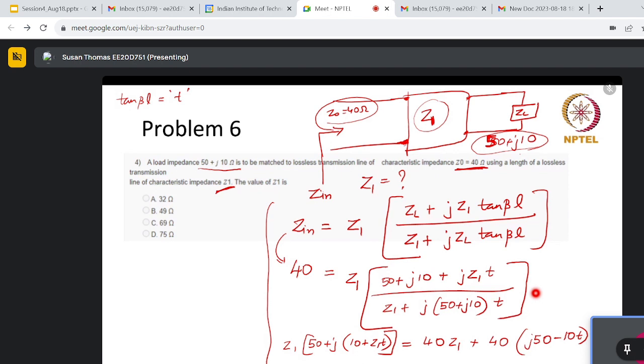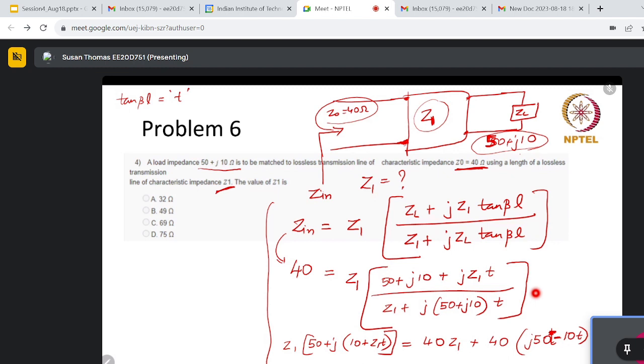Okay. So, madam, j50t will come now. The t is common. Yes, 40 Z1 plus 40 into j50t minus 10t.